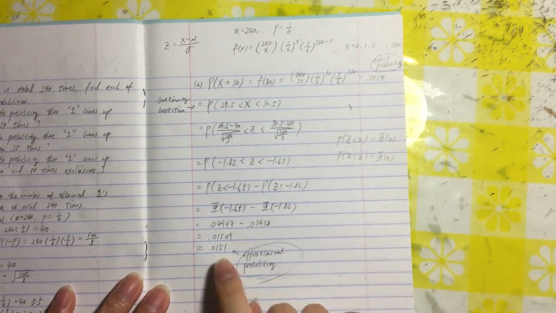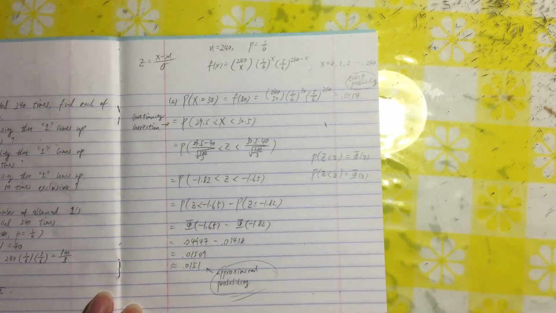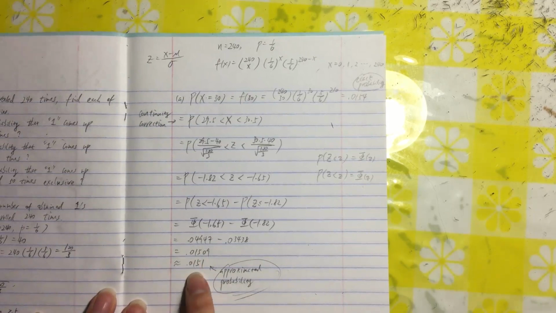Here we can see that this approximate answer is very, very close to the actual answer. So we can see that when n is sufficiently large, this normal approximation is a good approximation. So that's the answer to part A.